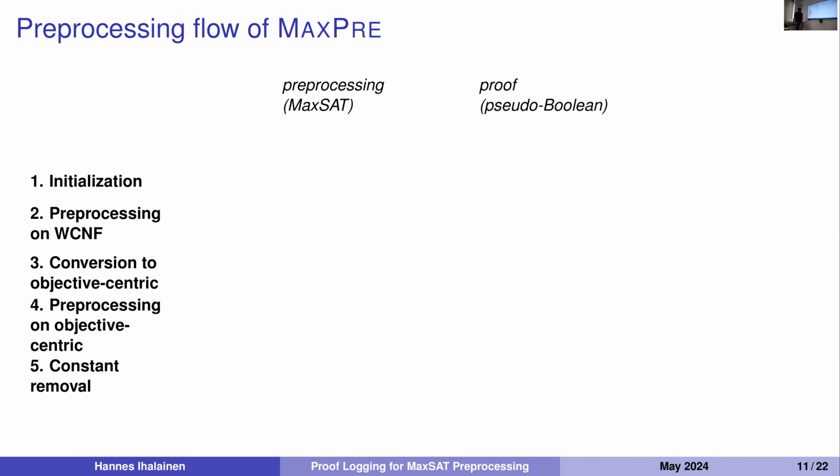And okay, I also already mentioned that we are first preprocessing with the soft clauses and then with the hard clauses. So here are actually 5 stages of preprocessing we are having. First we load the formula. And at this stage, the proof, of course, loads the formula and has exactly the pseudo-Boolean presentation of that MaxSAT instance.